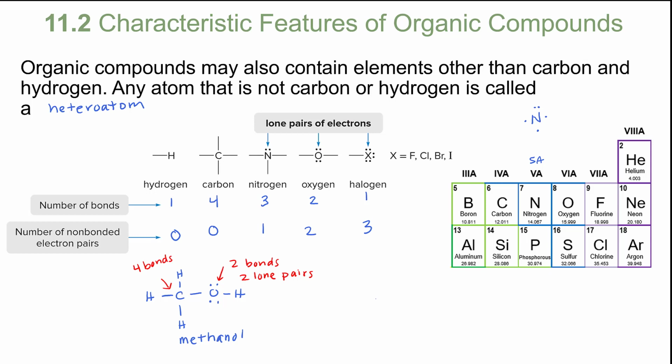And in the situation of formaldehyde, carbon still has 4 bonds. Oxygen has 2 bonds and 2 lone pairs. And for the carbon, 2 of its bonds are going to the same atom, resulting in the double bond. This is the structure of formaldehyde.